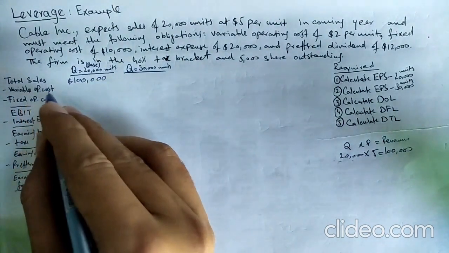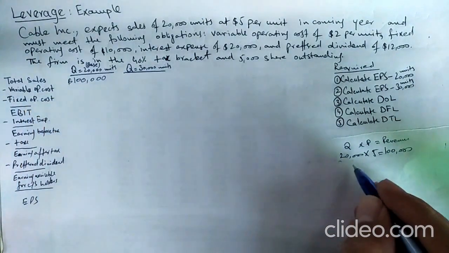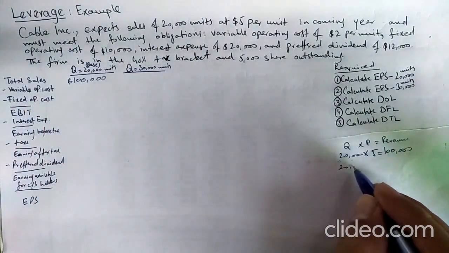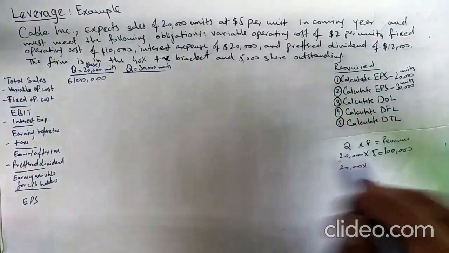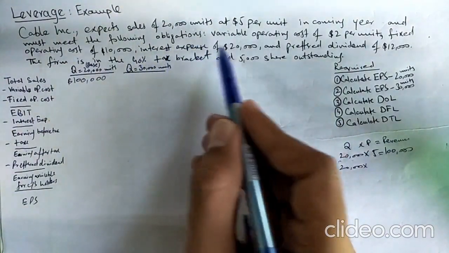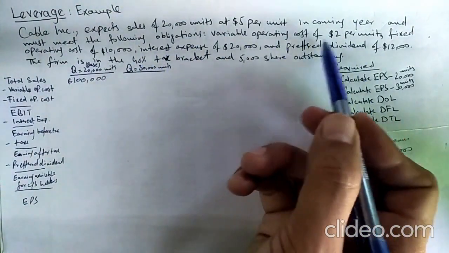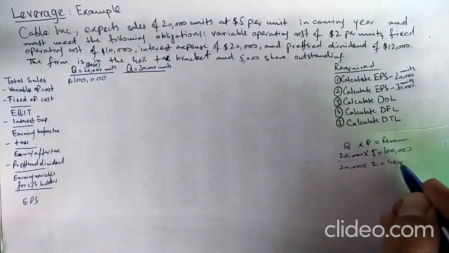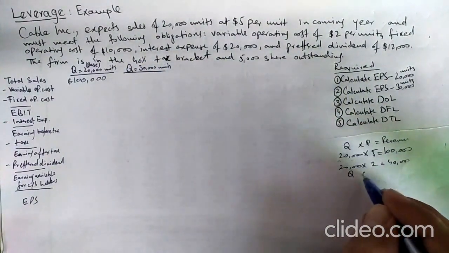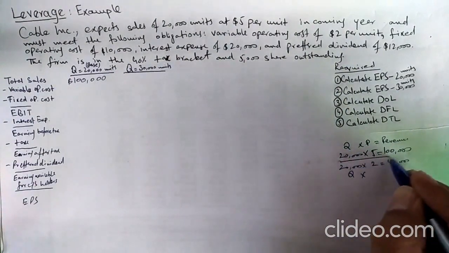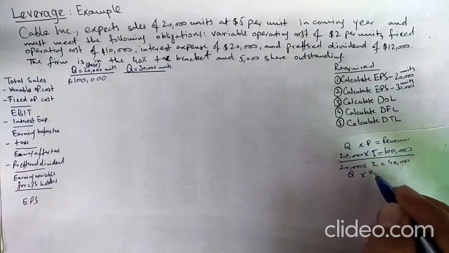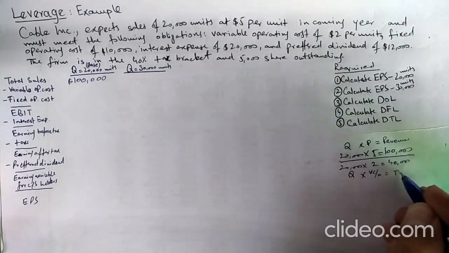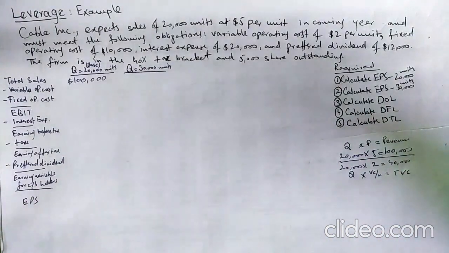To calculate the total variable cost, we multiply these 20,000 units by the variable cost, which is $2 per unit. So the answer is 40,000. That is Q multiplied by variable cost per unit, and that's how we calculate the total variable cost.